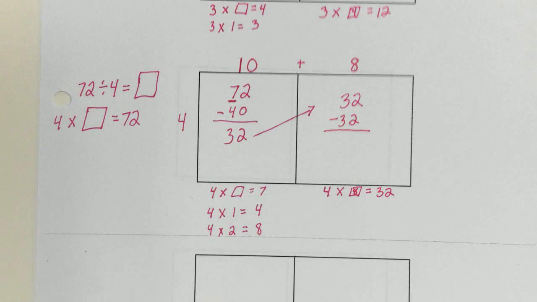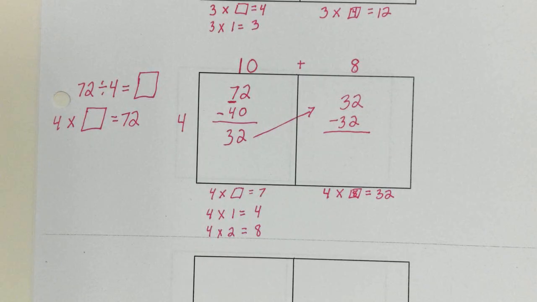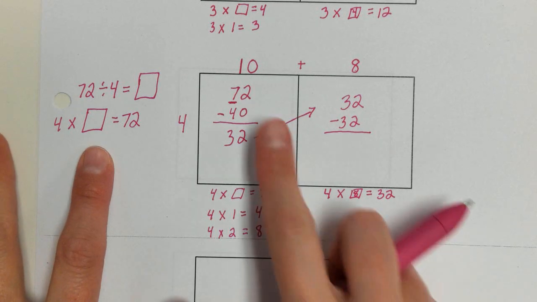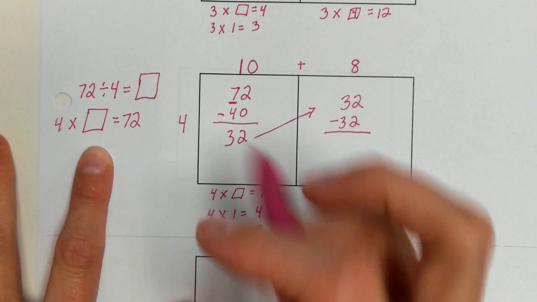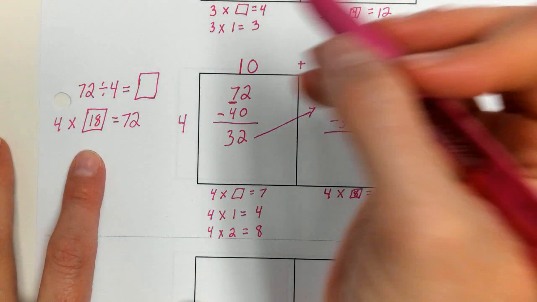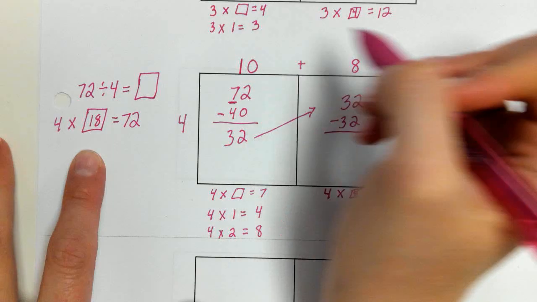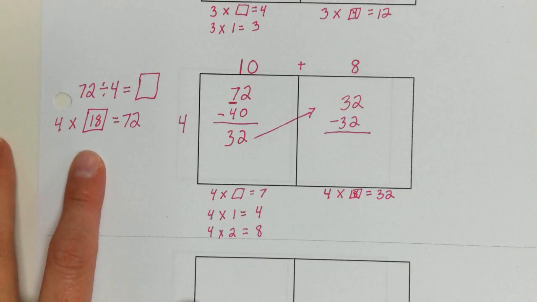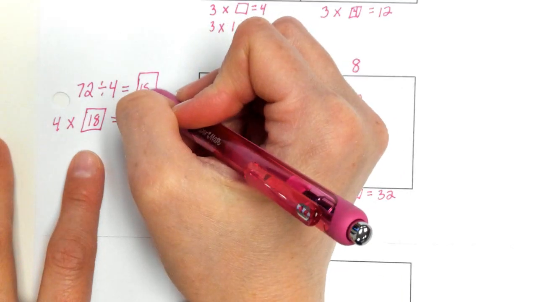Do I have a remainder? No. Okay, so 4 times what number equals 72? 18. So 72 divided by 4 equals 18. Right?